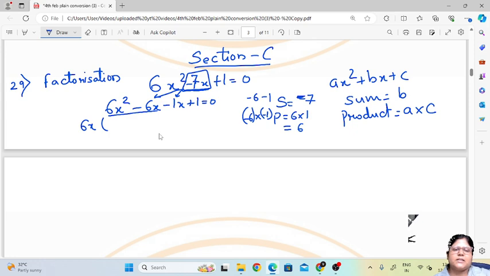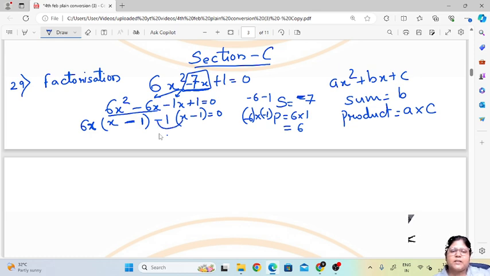Here is x square, so 1x remains, and here 6x was there and I took both 6 and x, so only 1 remains. Now you have got negative here, and here you have got positive, so you have to take minus 1 common, so that you can take the negative sign inside, because once you multiply you should get the same thing.